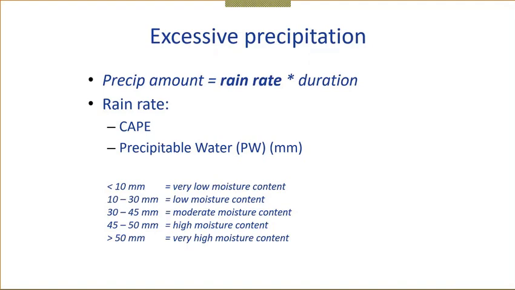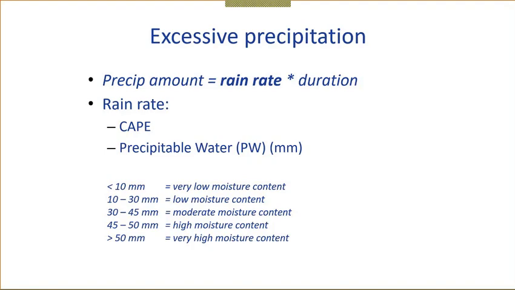And precipitable water gives you a sort of clue how much water can be extracted from a certain atmosphere, based on observations, but also based on numerical weather output.